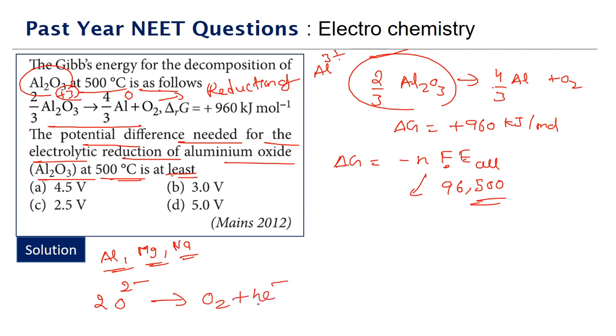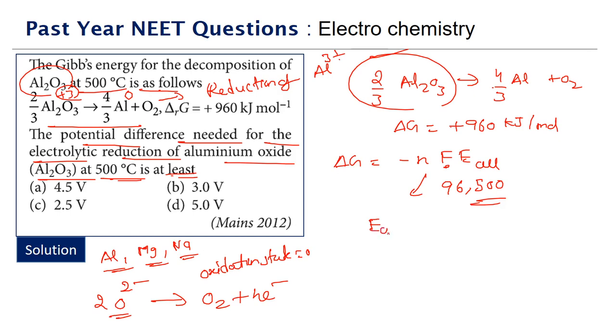The oxidation state of oxygen becomes 0, which means 4 electrons must be released. So the number of electrons exchanged here is 4. The same if you do with aluminum, the number will be 4. 4 electrons are released, and 4 electrons are absorbed.